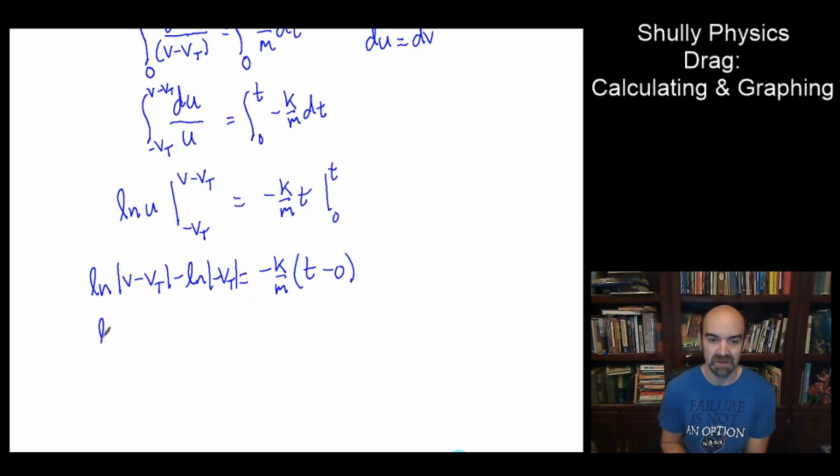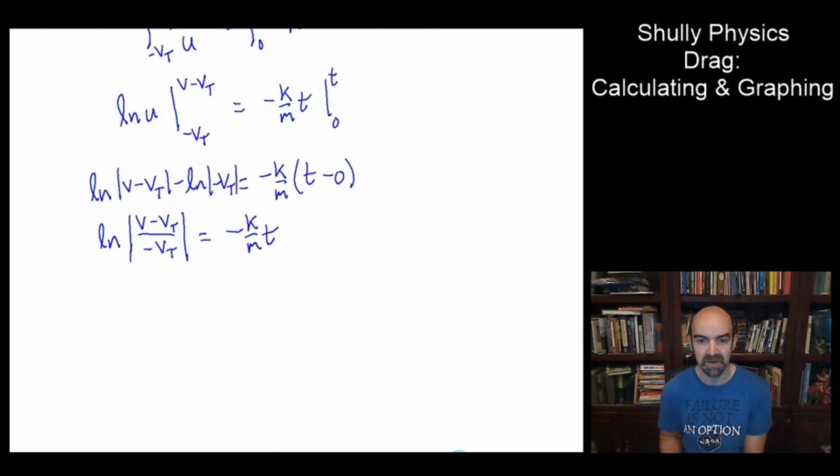So natural log of v minus vt minus natural log of vt is equal to natural log of v minus vt over negative vt. And that's equal to negative k over m times time. So looking a little bit better, but if logs make you sick to your stomach, let's get rid of them.